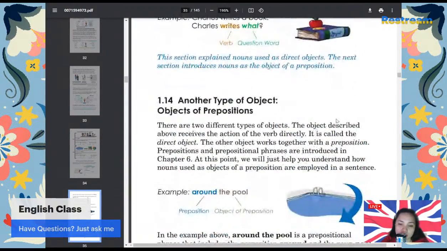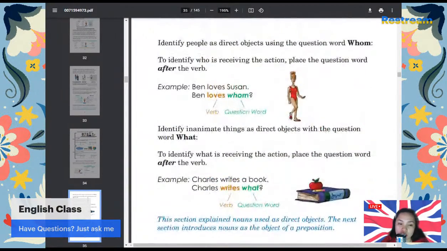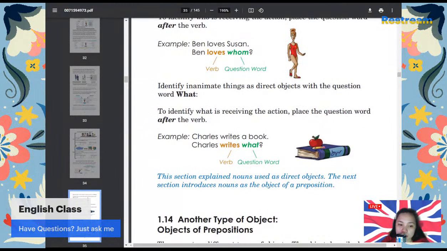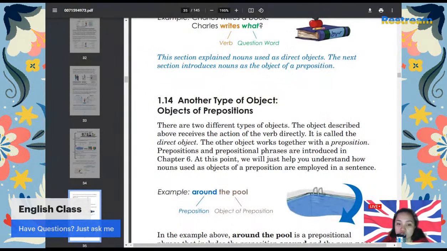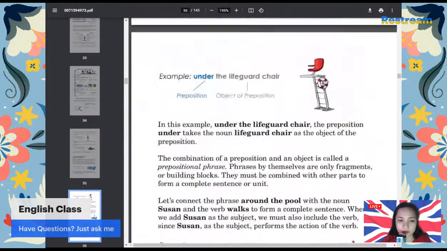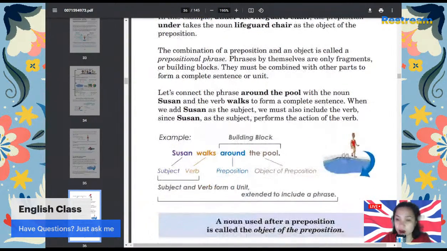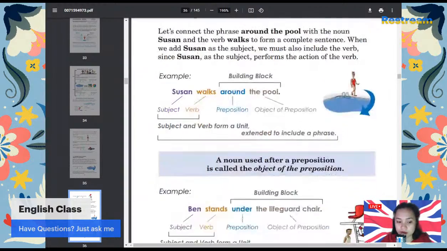Page 22 is the continuation with some examples, and we also have the objects of prepositions. We will need the preposition, and obviously we also need an object of preposition so that we can use the preposition itself in the sentence. Next, page 23 has an explanation and another example of using preposition and object of preposition.